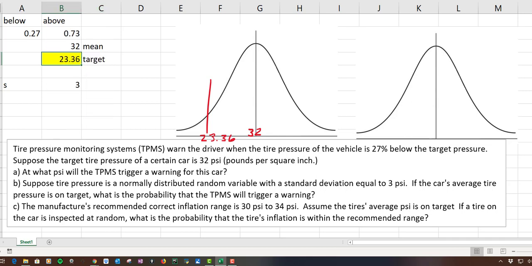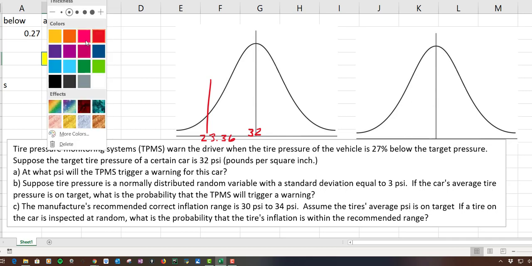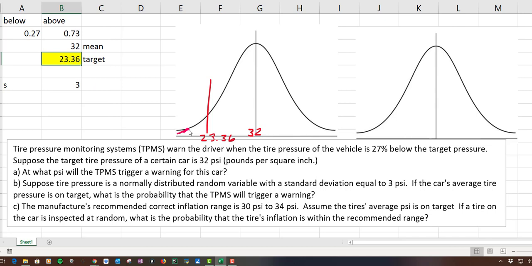So what I want to know is how to find this probability right here. Well, you could actually do the Z, where you take your value, 23.36 minus 32, and they told you what the standard deviation is, 3.